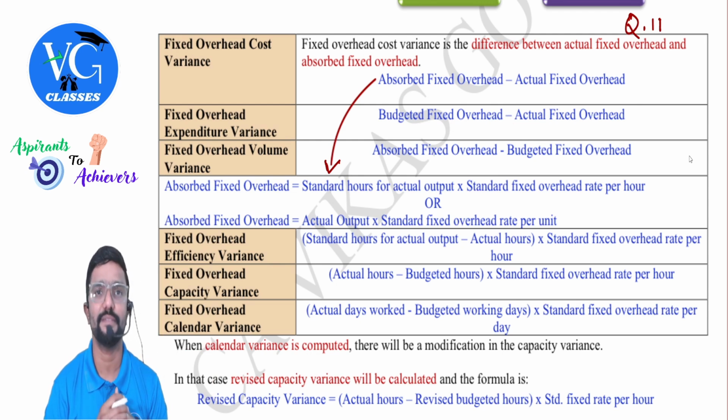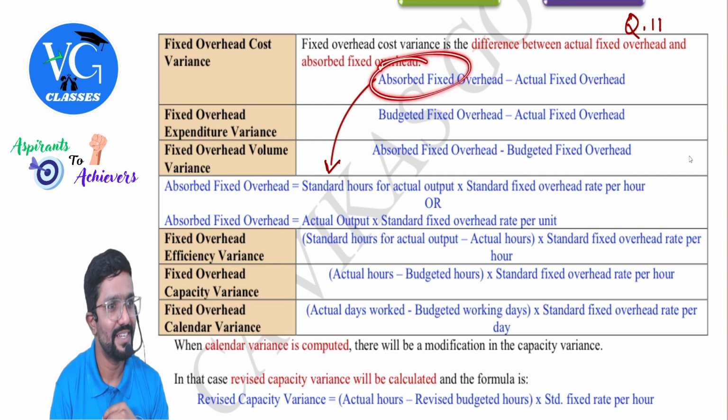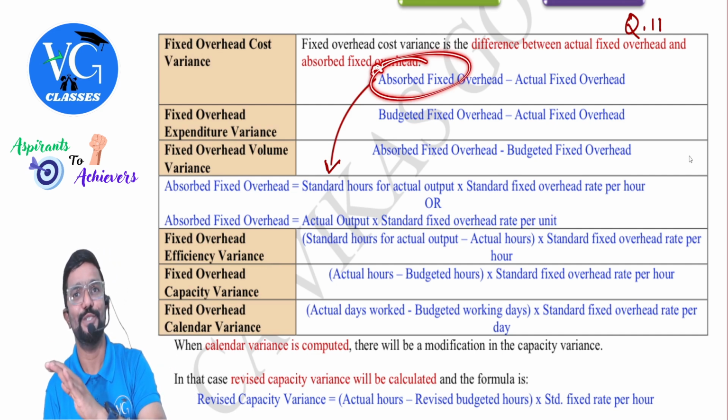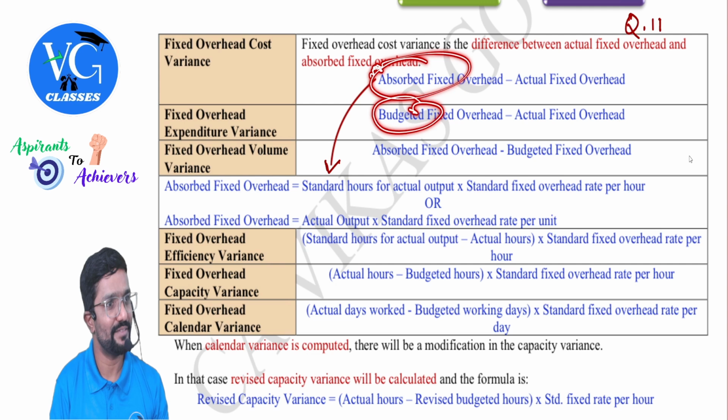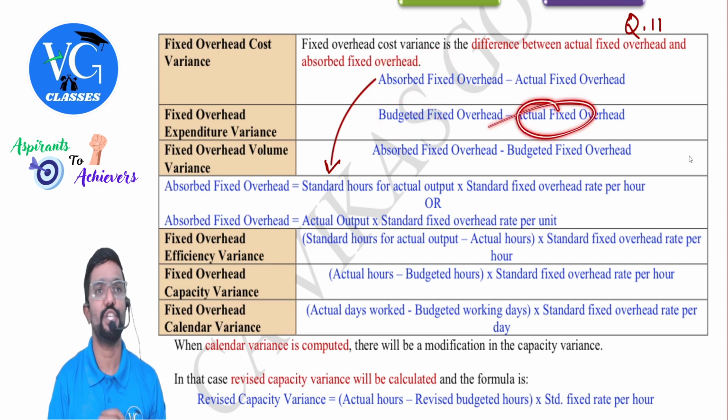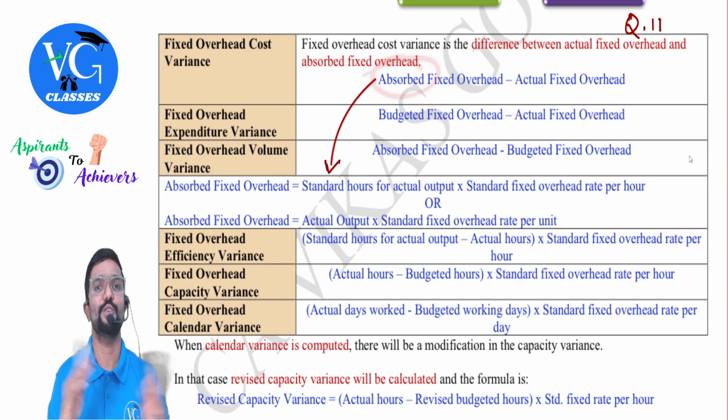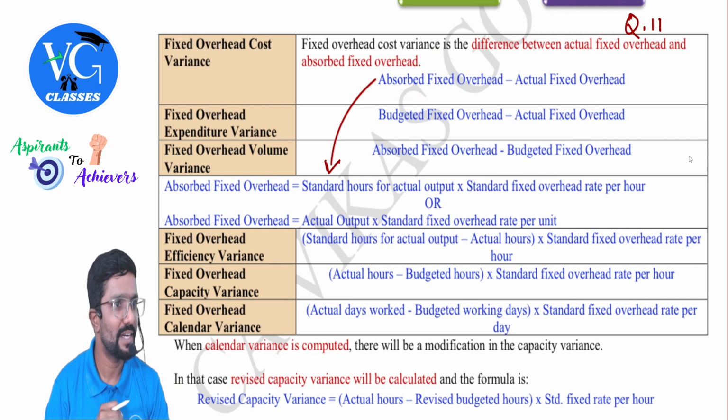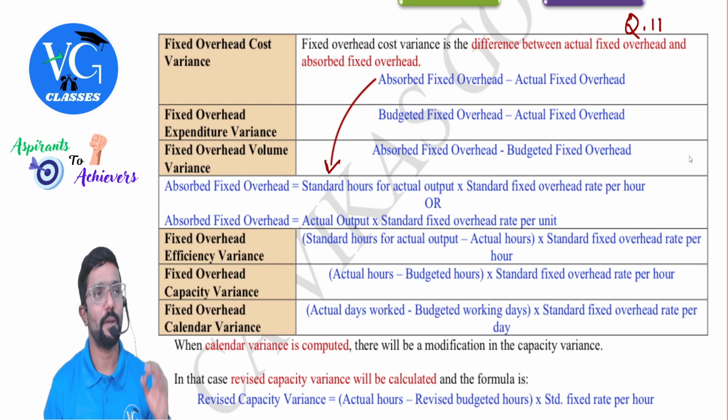So observed is like a mix of both: rate is standard, but output is actual. Budgeted is both budgeted, and actual is both actual. Clear?